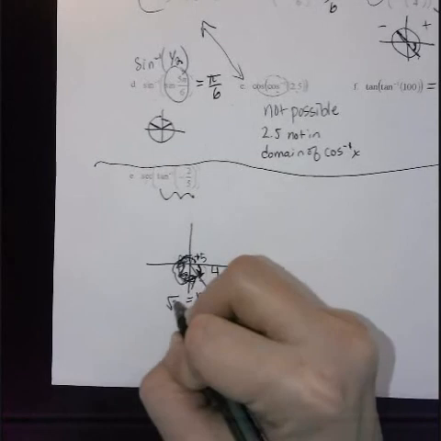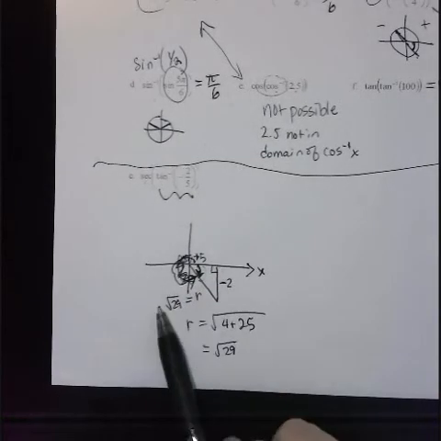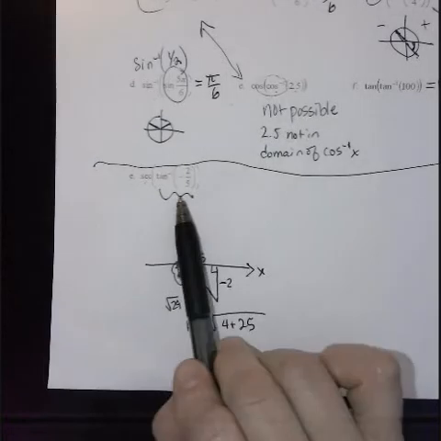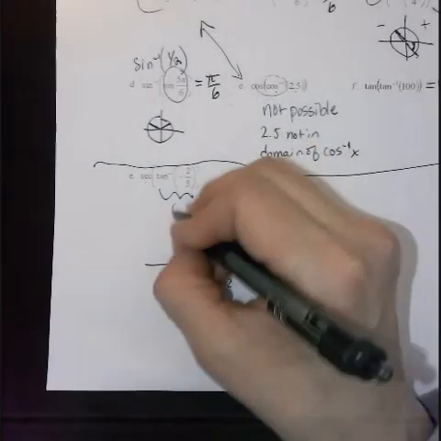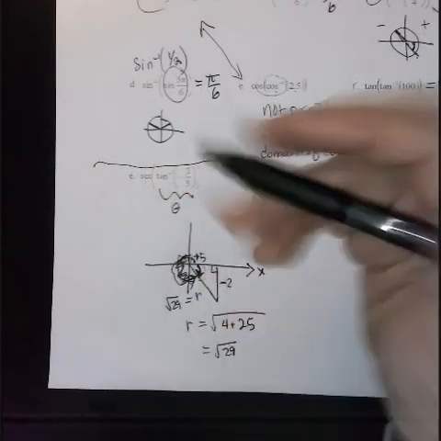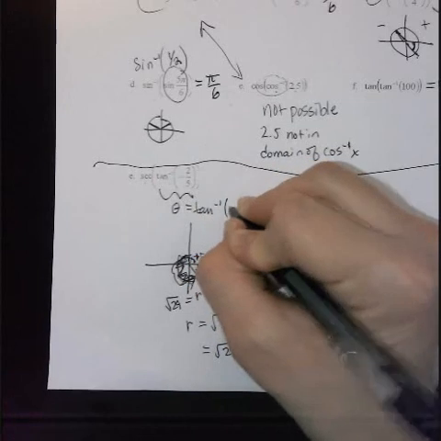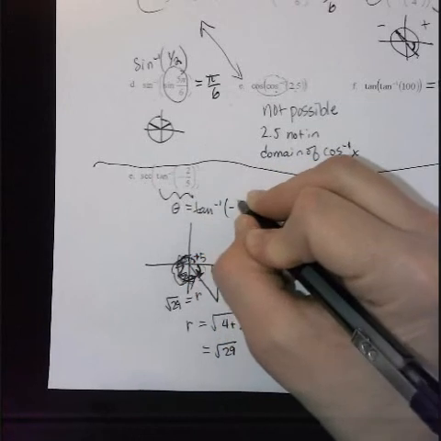So now I have my triangle with all three of my sides defined. I can find the secant of that. I don't need to know what theta is. If I want to call this theta, theta is the angle whose tangent is negative 2/5.